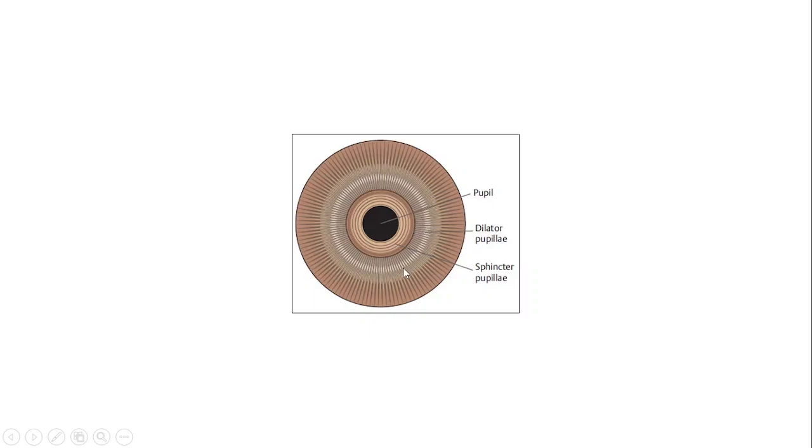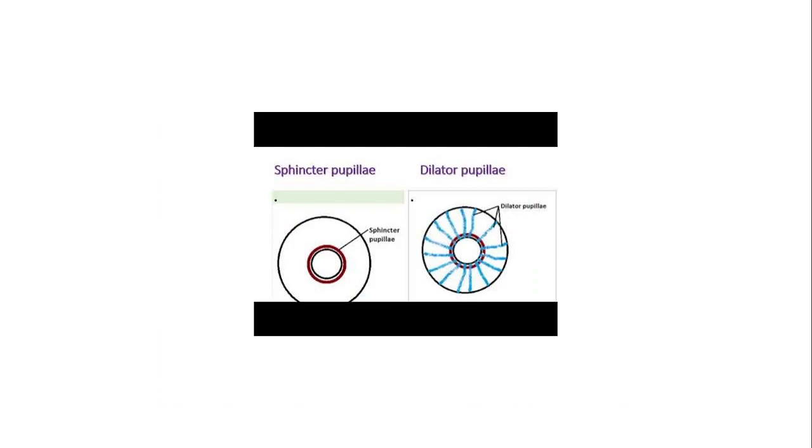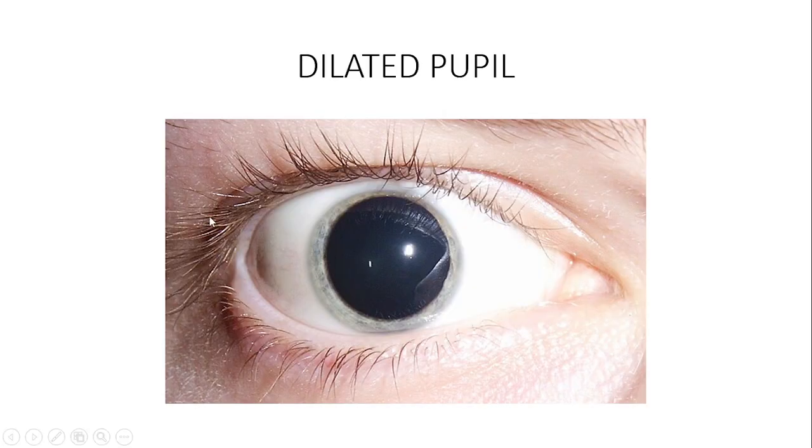Dilator pupillae muscles. And when the dilator pupillae muscles contract, what do they do? They open up the size or the aperture of the pupil. For example, in this particular scenario, the pupil is widely dilated as a result of what? As a result of contraction from the dilator pupillae muscle.